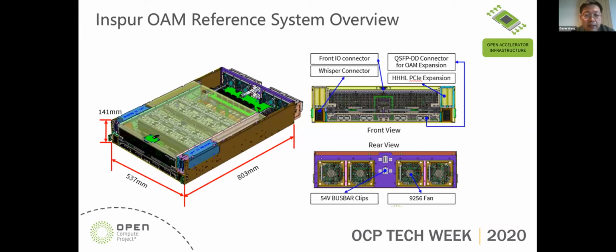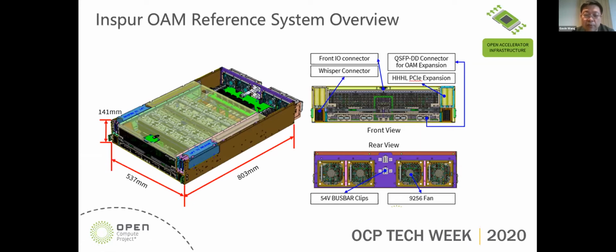On the left side, this is our 21-inch OAM reference system. It is built on an all-front-access design, which is very convenient for the data center to maintain. In the middle of the front, this is our OAM module area; we can support 8 OAM modules. At the bottom, we reserve some high-density connectors.